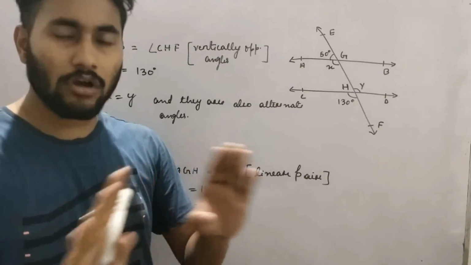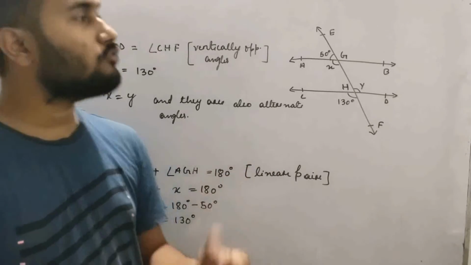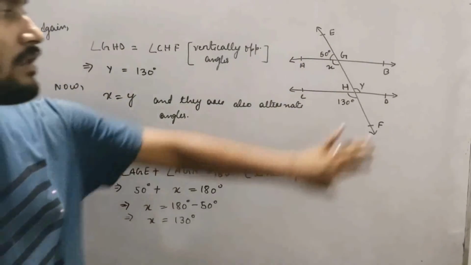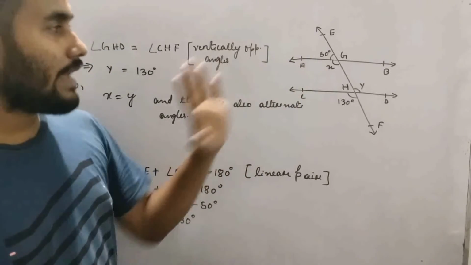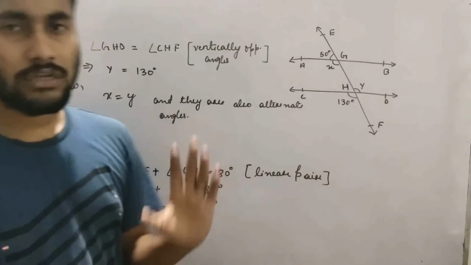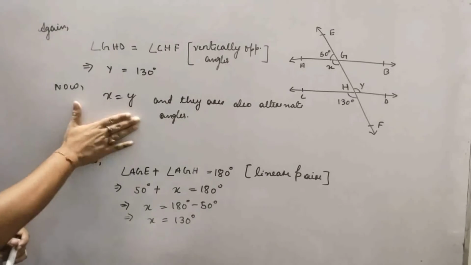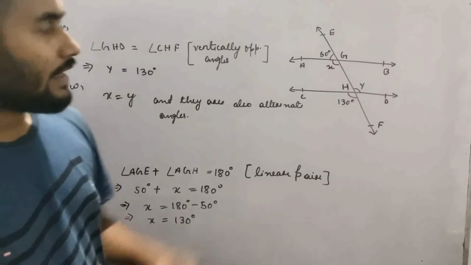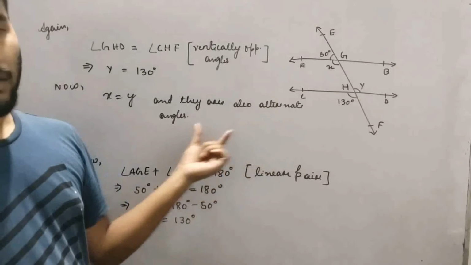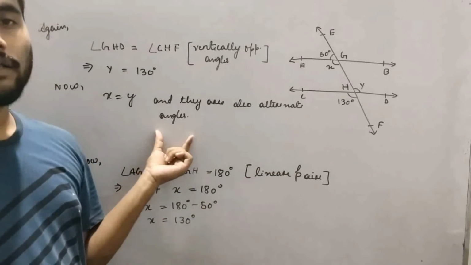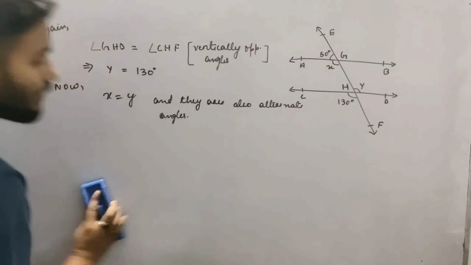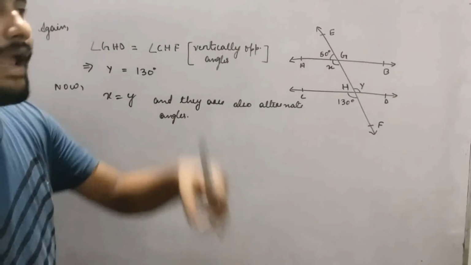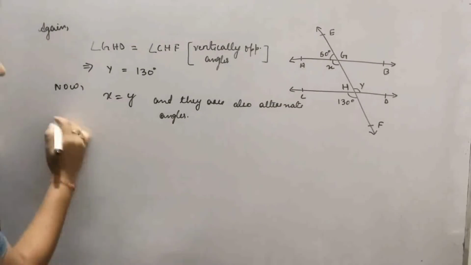We have not used the alternate angle property, okay? We have found it with the help of linear pair and vertically opposite angles. That means X and Y are equal, and they also look like alternate angles. So now I can conclude that they are equal and they look like alternate angles.